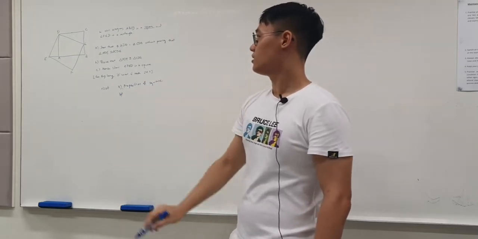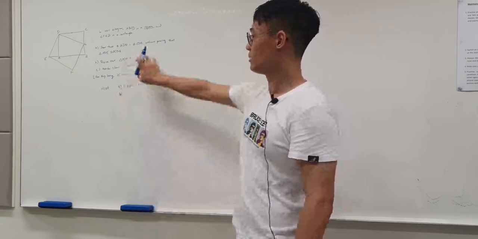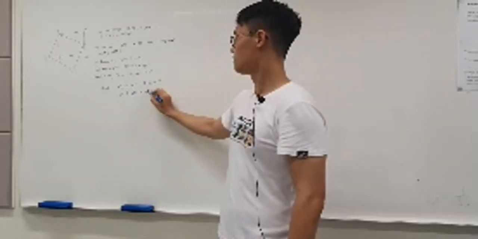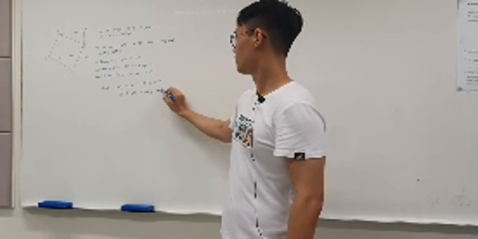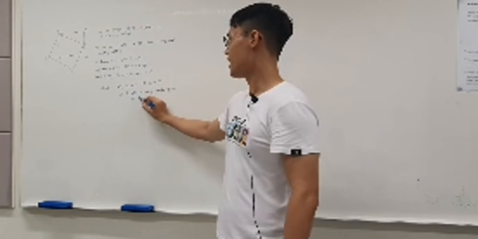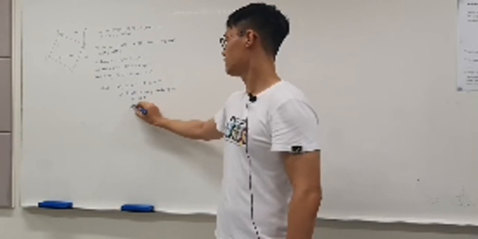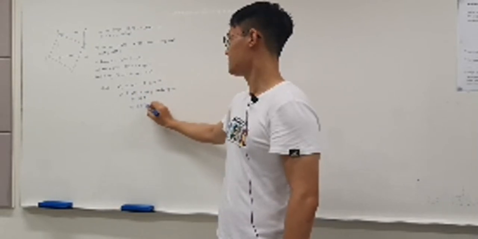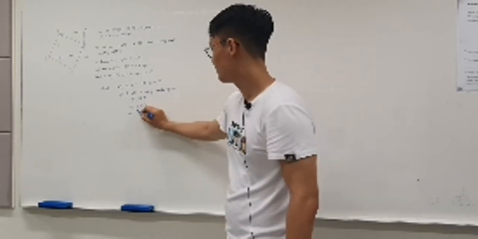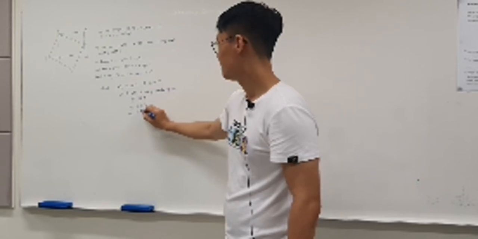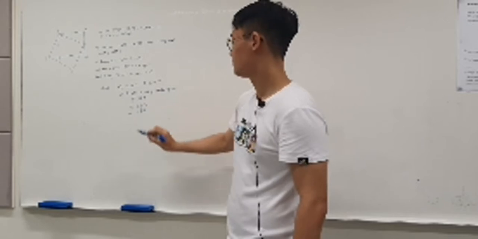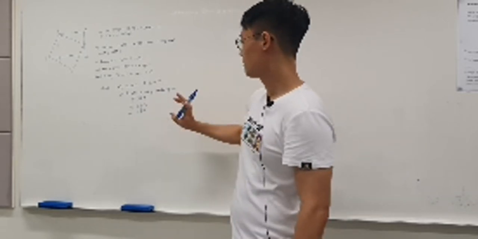Part B, when we want to prove congruence, we need to recall the proving techniques. Is it SAS or is it AAS or is it SSS?